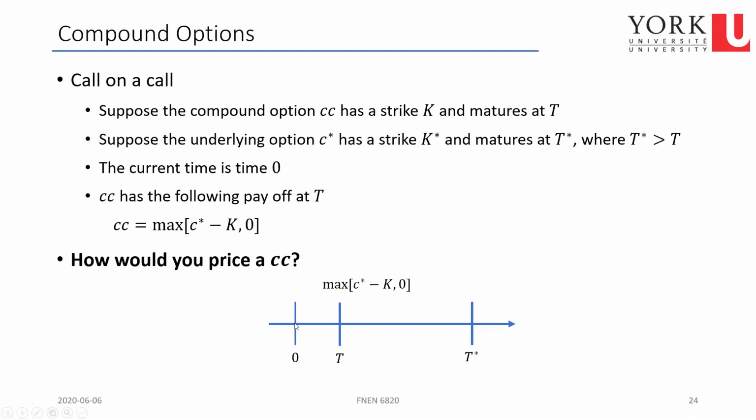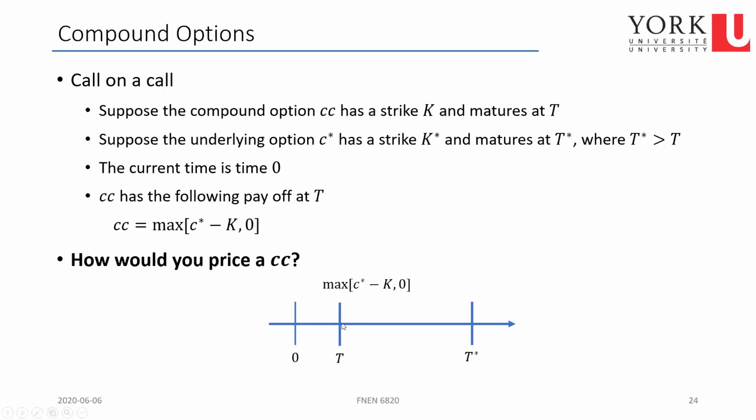So let's say you're currently here, you have an option which matures at the big time T here. This option is, however, based on another call, which matures at T star and started at this point here. That call is the underlying asset of the compound call, the call on a call.